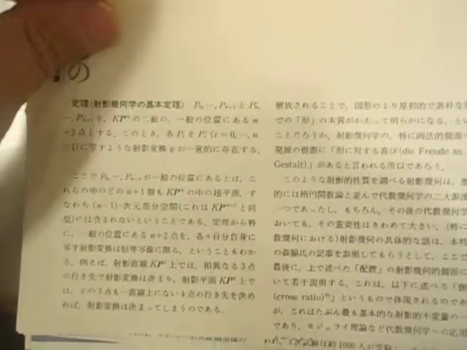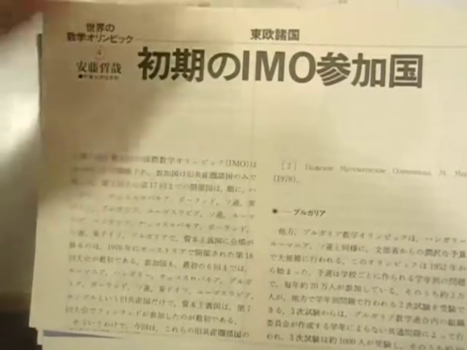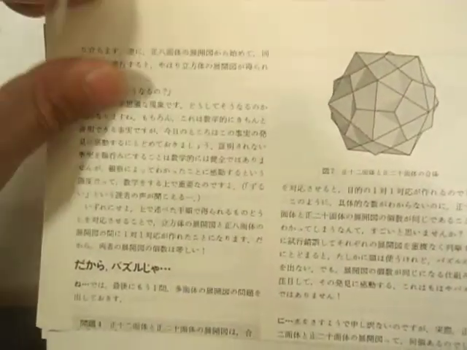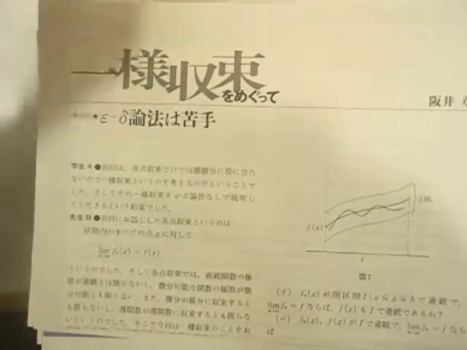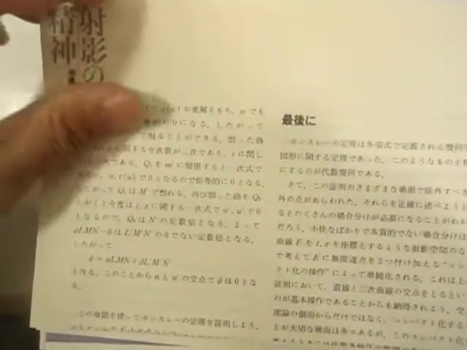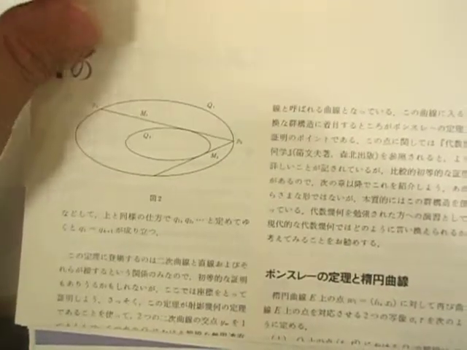I'm not assuming anything about the fibers right now. You can think of this explicitly: you basically have X sitting inside some P^n cross D star, and then you just have the projection to D star.